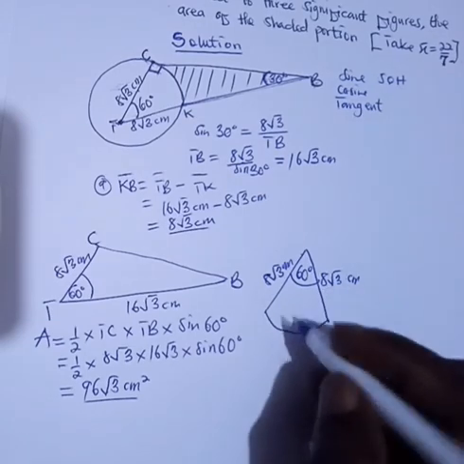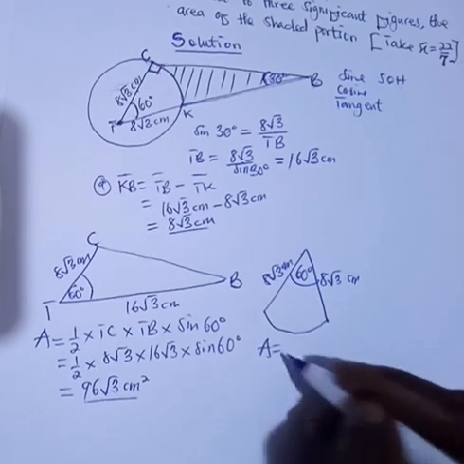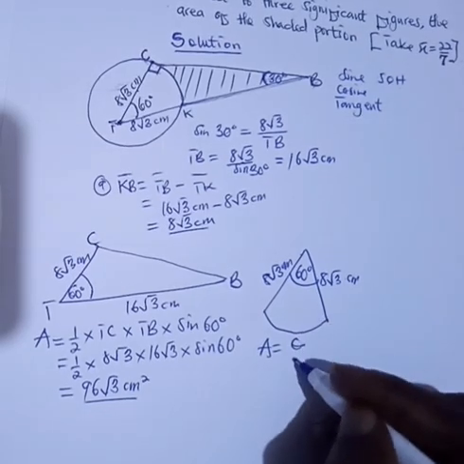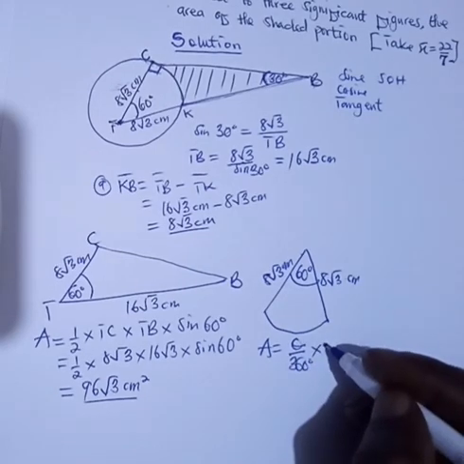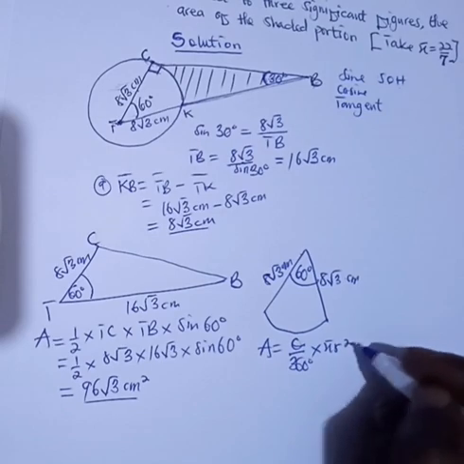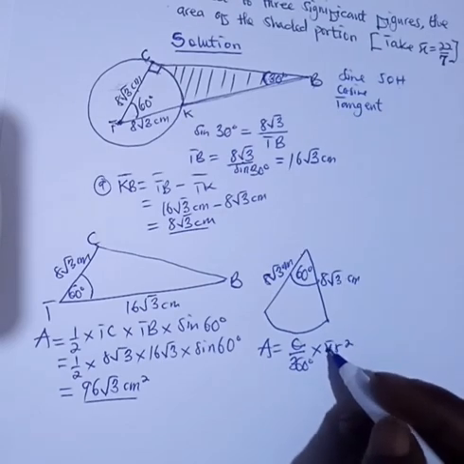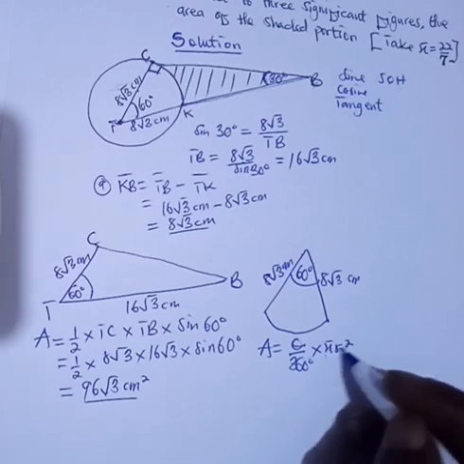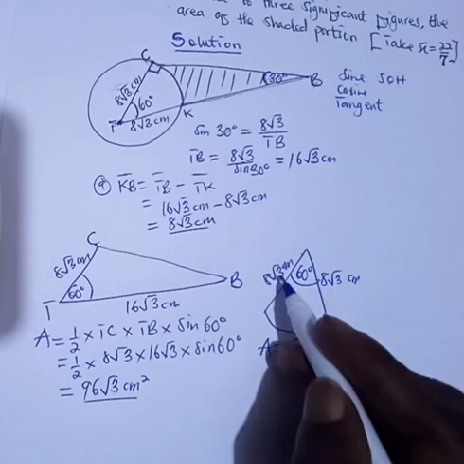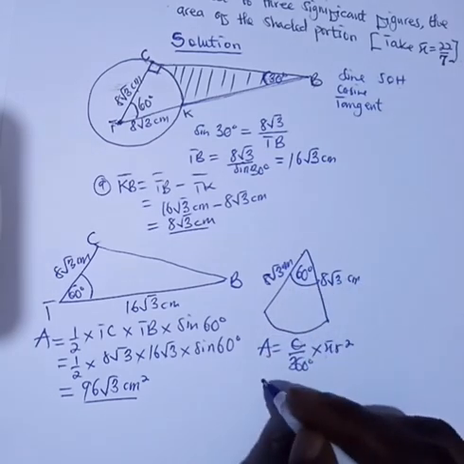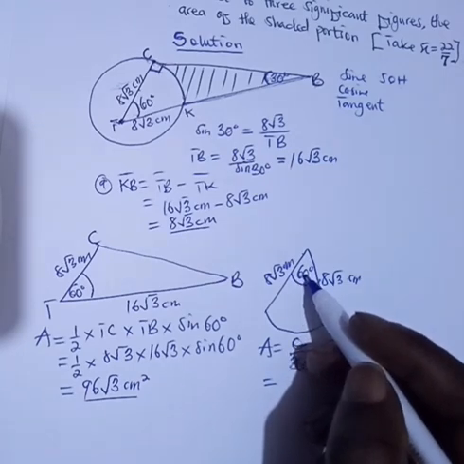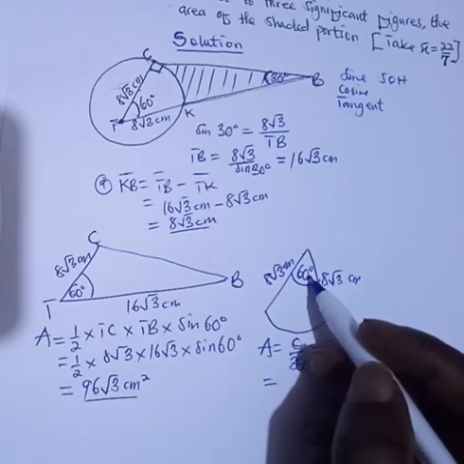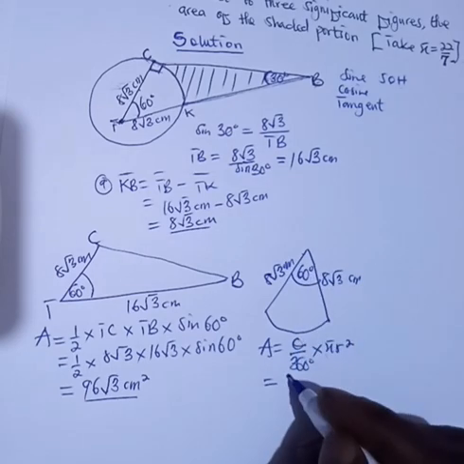So area of a sector is theta over 360 degrees times pi r squared. But in the question we are to take pi as 22 on 7, and we already know r as our radius, and that is what is given here. So we only do substitution. But what is theta? Theta is what is given in the question. That is the minor angle, which is 60 degrees.